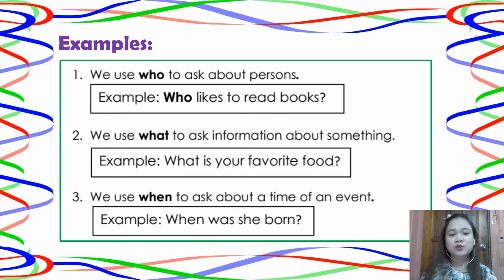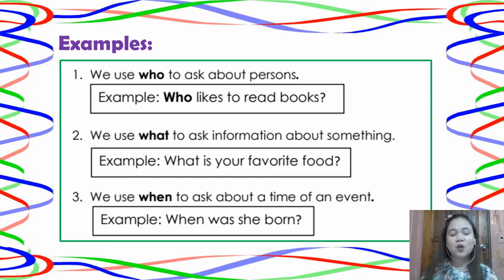Number 2, we use what to ask information about something. Example, what is your favorite food? Or again in the story, you can ask, what are the materials they use to build their houses?